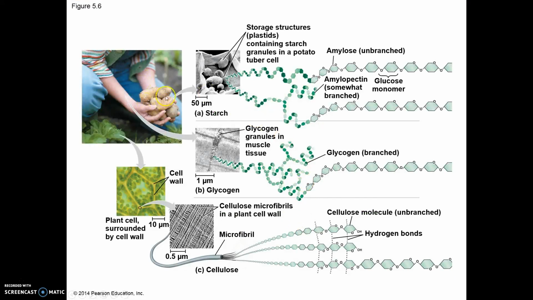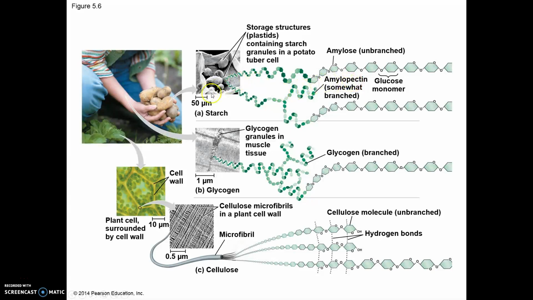Here we have starch and glycogen. They actually have a very similar structure. So we have these glucose and 1 to 4 linkages. When it's unbranched, we call that amylose. When it starts to become branched, we call it amylopectin.